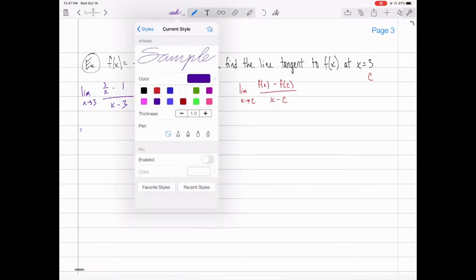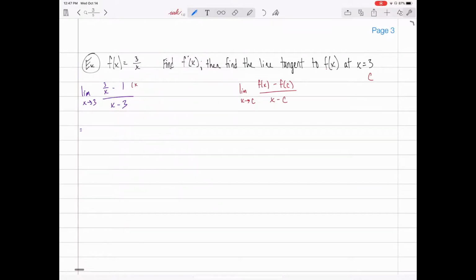Okay, multiply both of these by x, and we would get the limit as x goes to 3 of 3 minus x divided by x. And then I'm going to factor out this numerator, and so I'd be left with 1 over x minus 3.